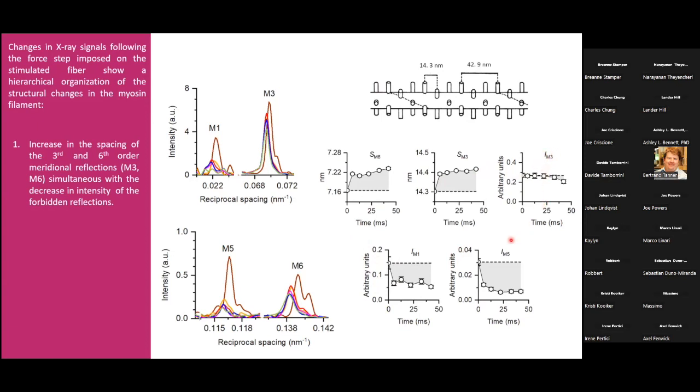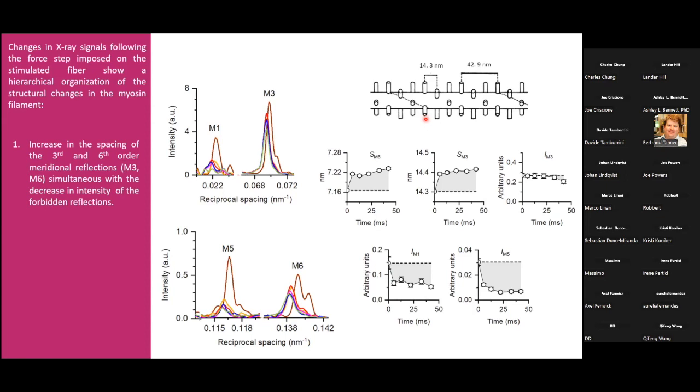Now I know that everybody knows at this point, but I would like to remind you that the M3 reflection emerges from the axial periodicity of the myosin head on the thick filament, while the M6 reflection reports more specifically the extension of the thick filament because it originates from a periodic structure on the backbone of the filament.